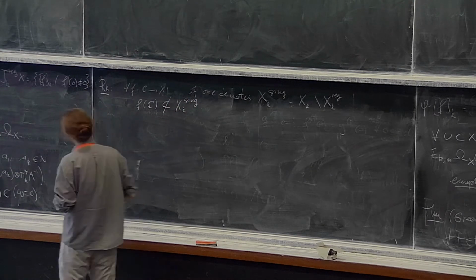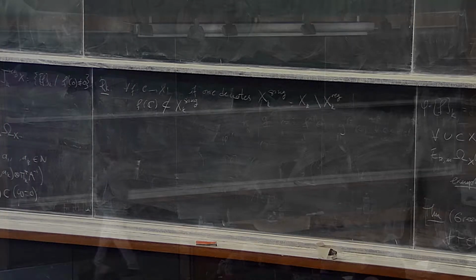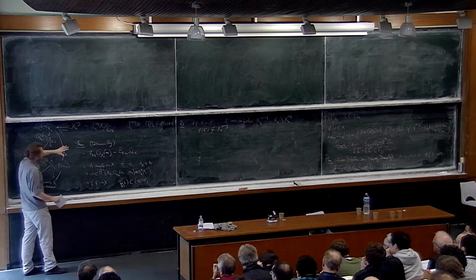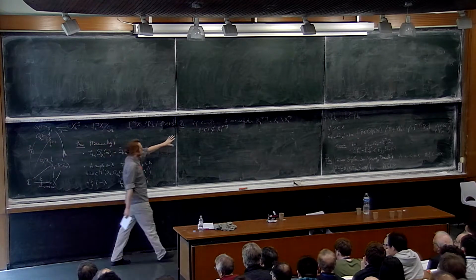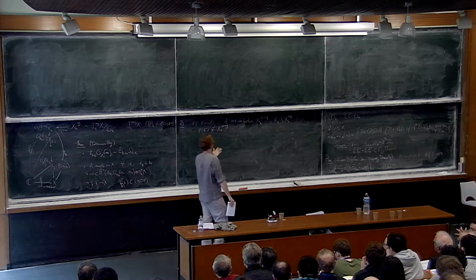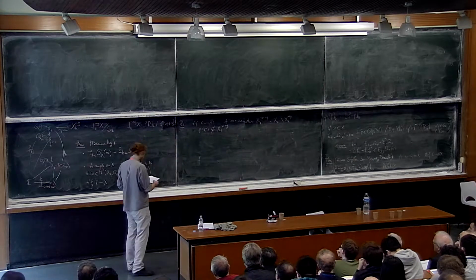So what this tells you is that when you're studying the positivity of this line bundle here, what actually happens above this set X_k singular, which is actually a divisor in X_k, I should have mentioned it, is not really that important.